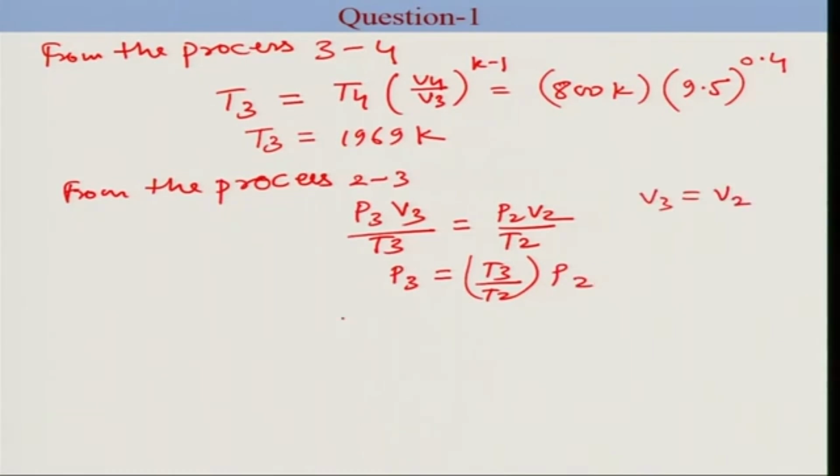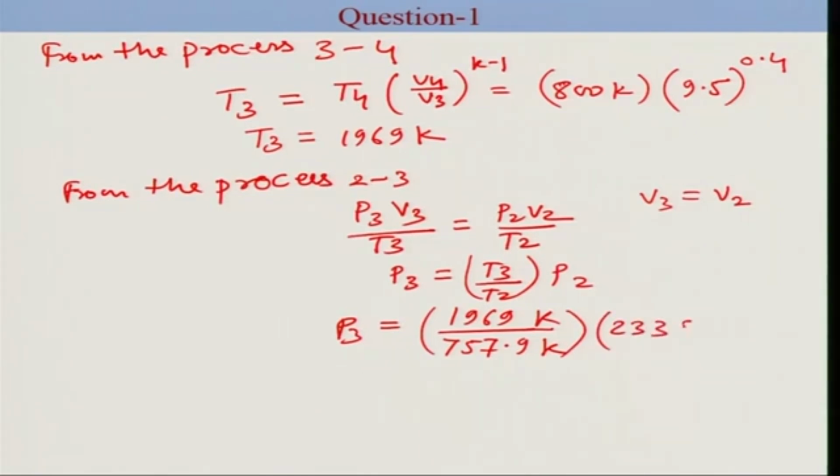So P3 will be 1969 upon 757.9 Kelvin times 2338 kilopascal. So P3 will be equal to 6072 kilopascal.